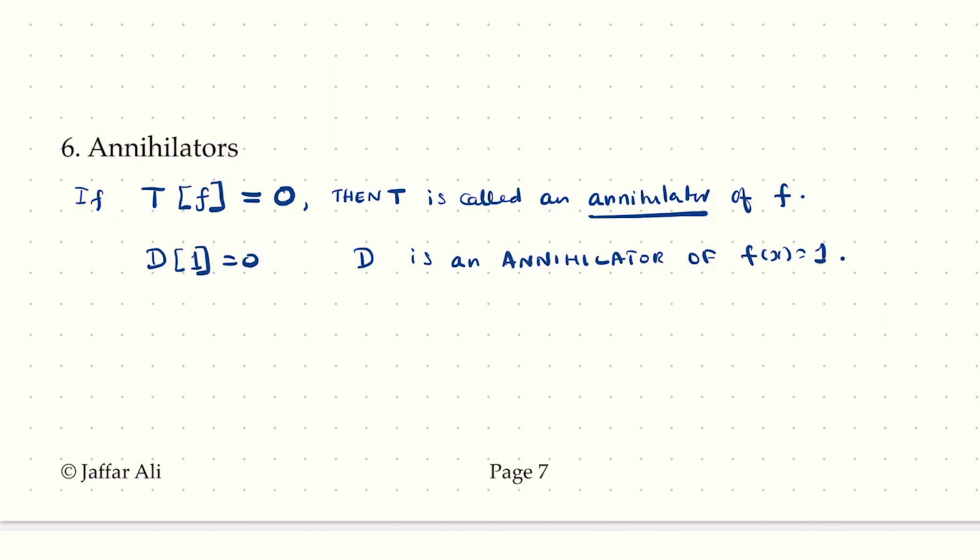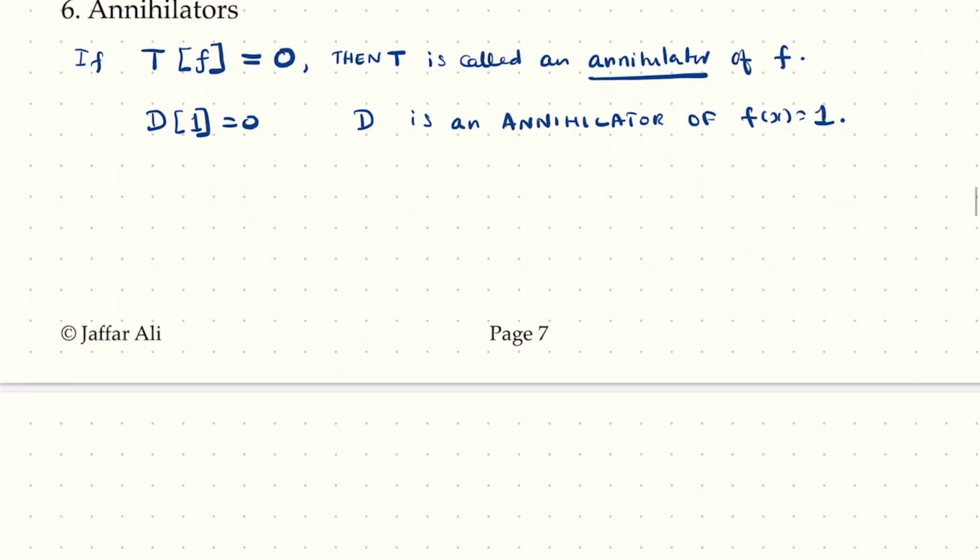Similarly, D squared of x, the second derivative of x, is 0. So you can say D squared is an annihilator of the function f of x equal to x, and so on. These are called annihilators.